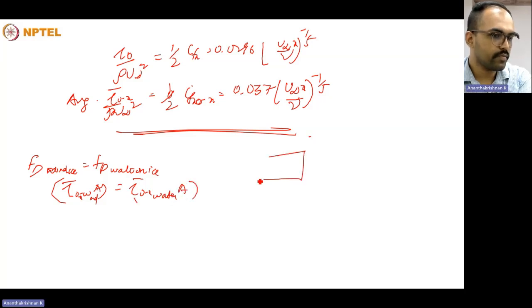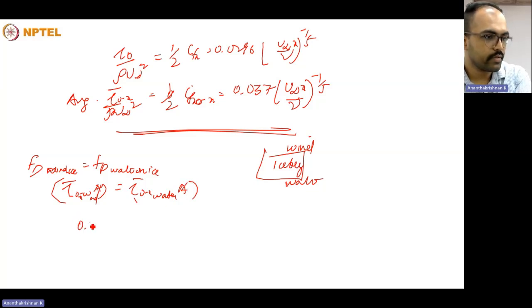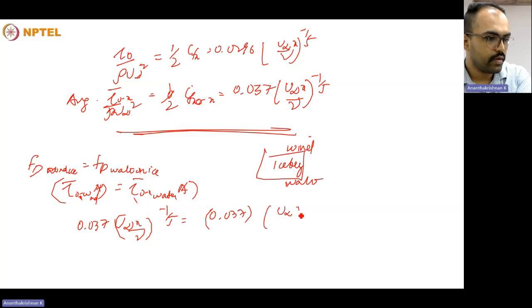So the top surface is wind and the bottom is water, and the areas cancel. Using the shear stress formula 0.037 u infinity x divided by mu, the whole power -1/5, to the 0.037 u infinity x divided by mu on the wind and on the water side.